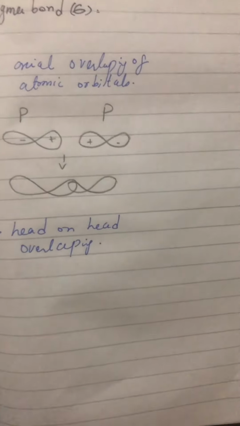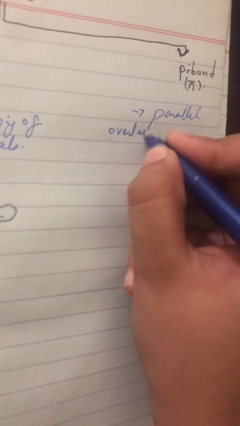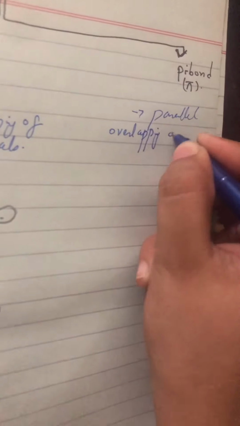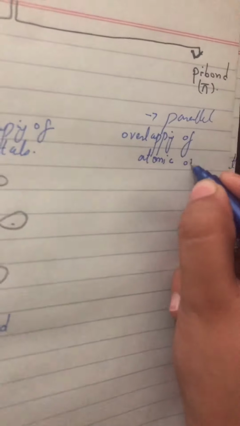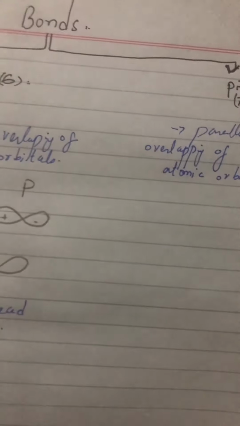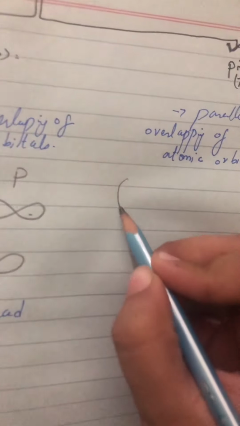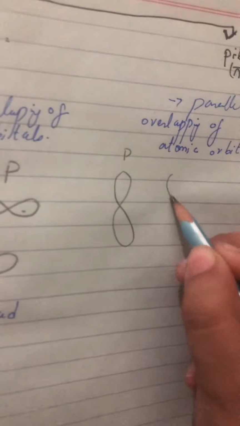Now, pi bond. What is a pi bond? It is parallel overlapping of atomic orbitals. Like we are having this is a p, this is also a p.